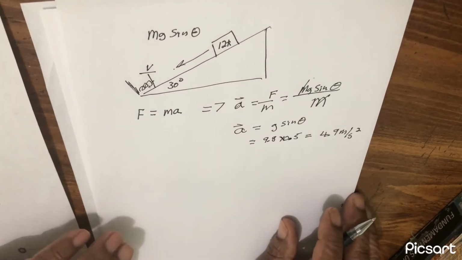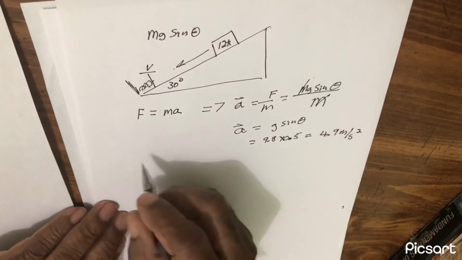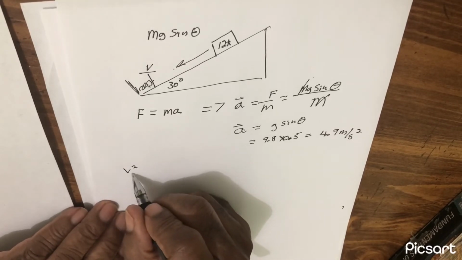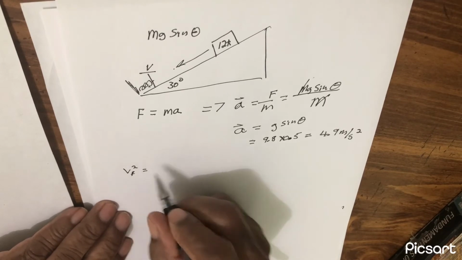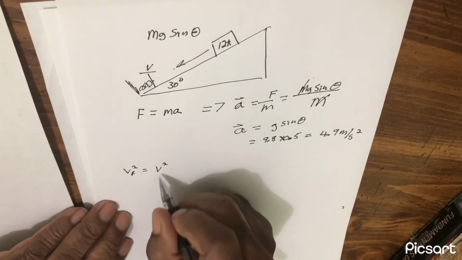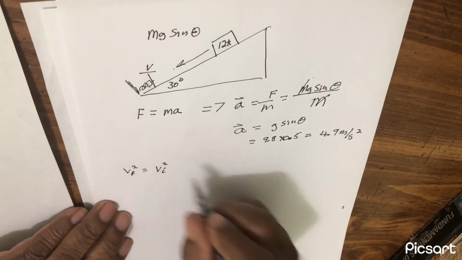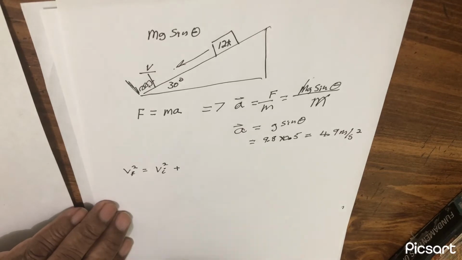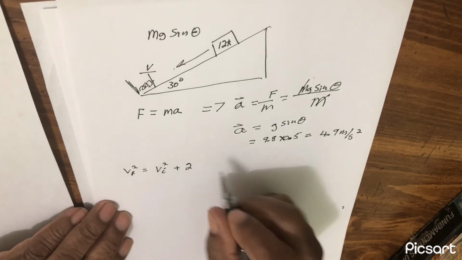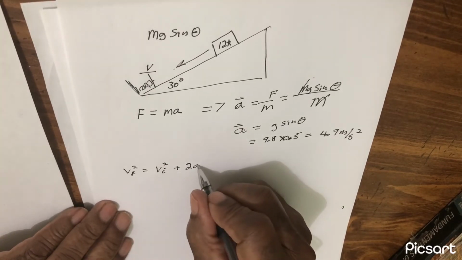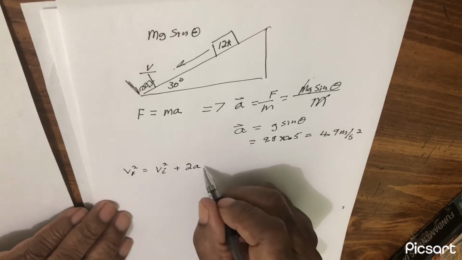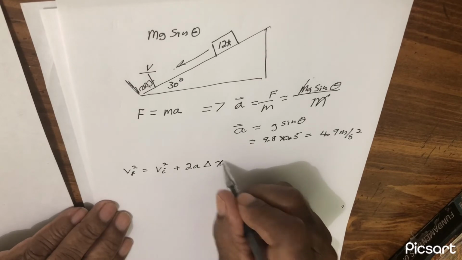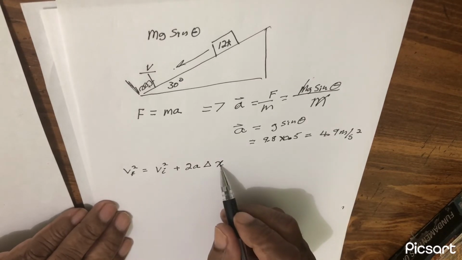So we know that v squared final is equal to v squared initial plus 2 times the acceleration times the change in position, which is going to be L in this case.